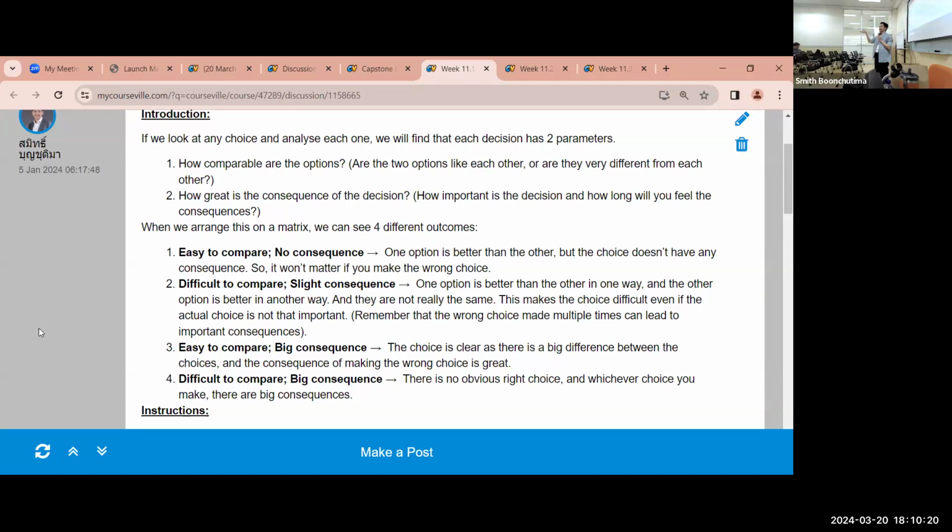Whichever store has the shorter line, I just go in there and order the food. So for me, it's easy to compare because I just decide based on the length of the queue. And if I go into the shop that has the shortest queue, and I eat their food and I don't like it, never mind. I can eat at other shops tomorrow. So this is the scenario that I can think of in my case.